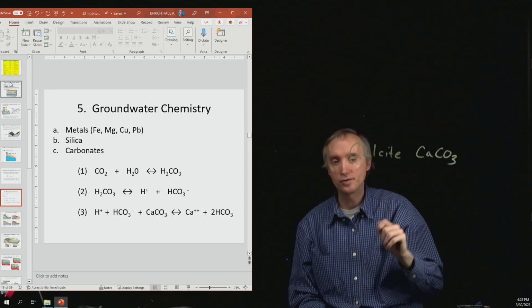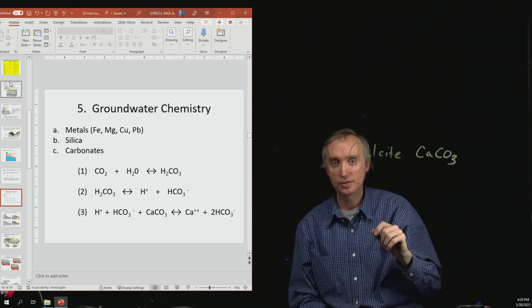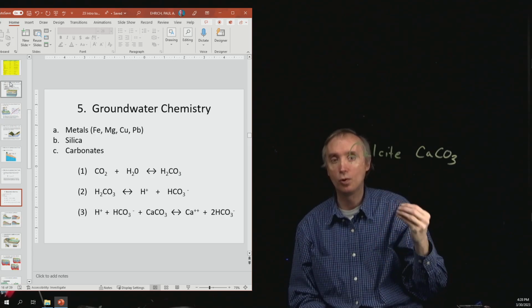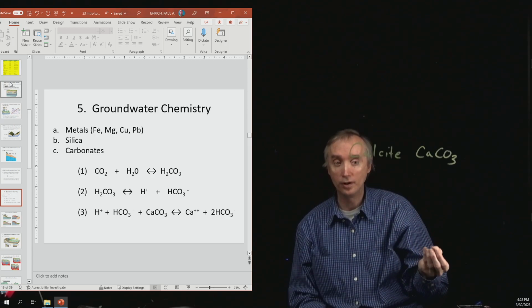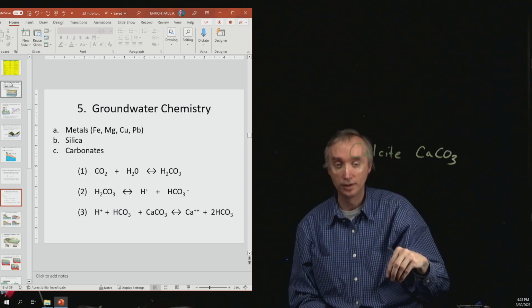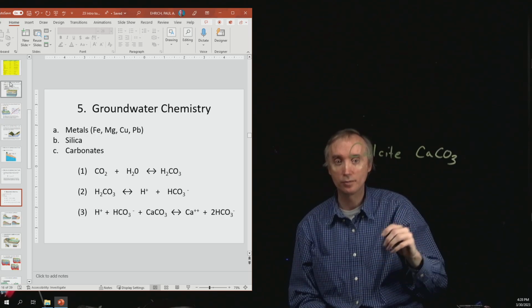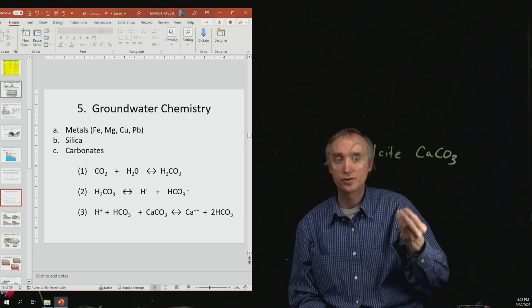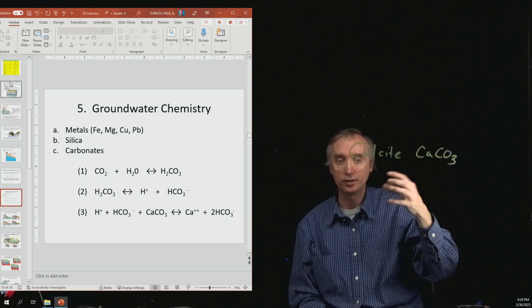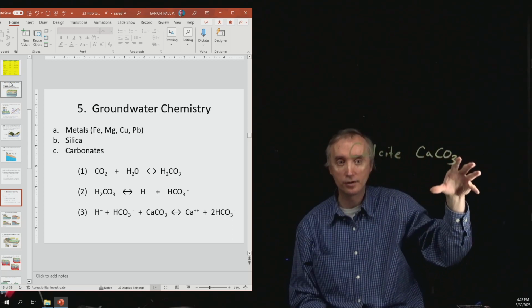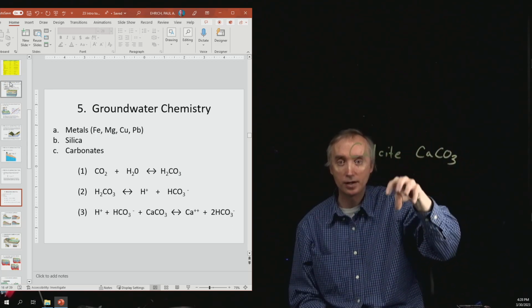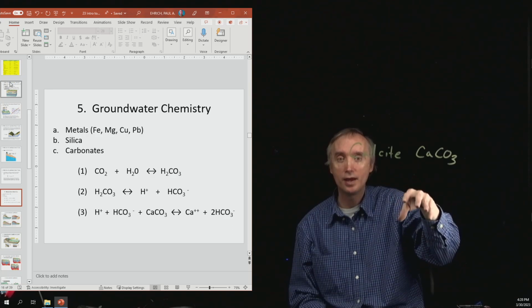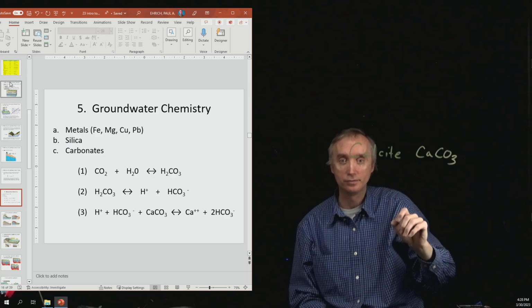Okay, so the first thing that's going to happen is that water, it could be water in rain, or it could be water in the soil, is going to mix with carbon dioxide, the stuff that you breathe out. And so that could happen. The carbon dioxide could be floating around in the air, and then it combines with rainwater to make carbonic acid.